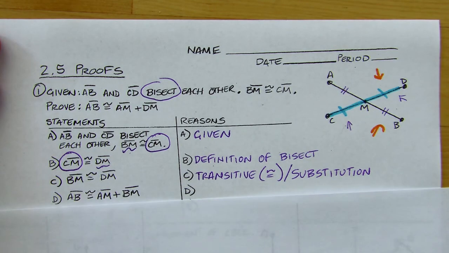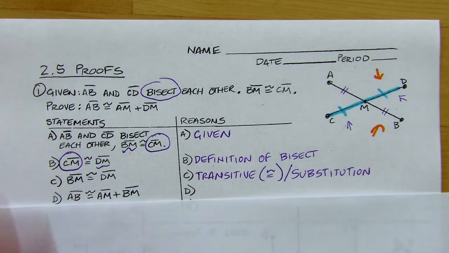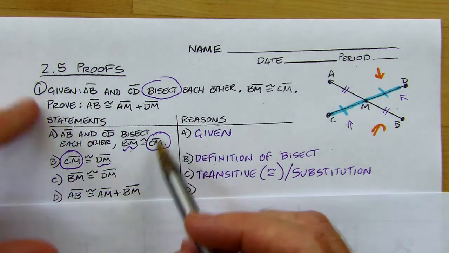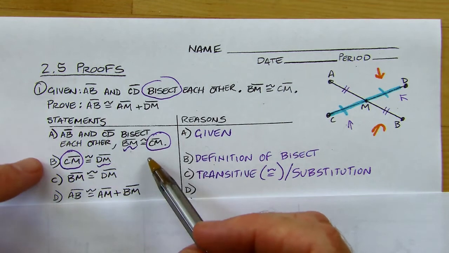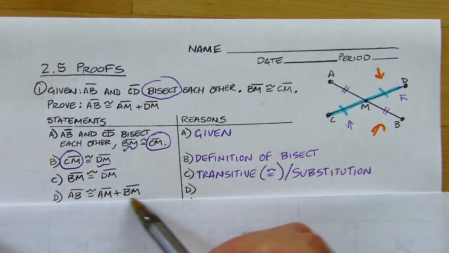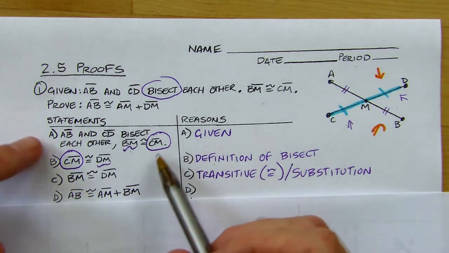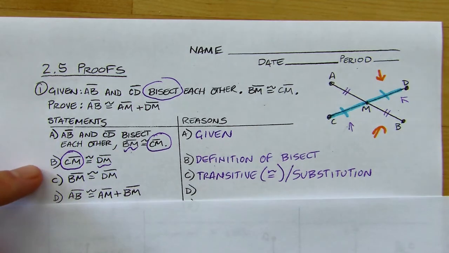Okay, so next step, AB is congruent to AM plus BM. So kind of looking back, I don't see anything about AB or these. There is that little piece on C about BM, but I don't think I can do something with substitution or transitive property. So let's go back to the picture.